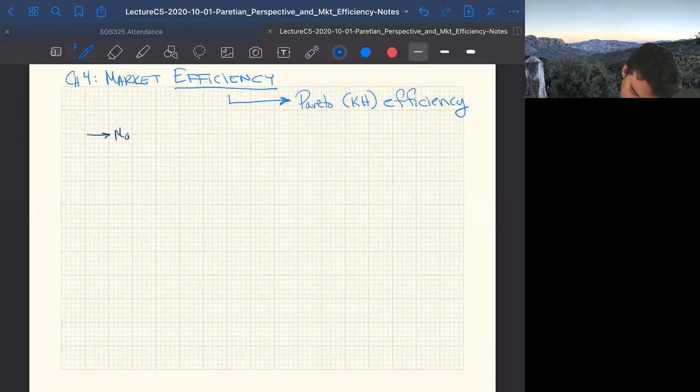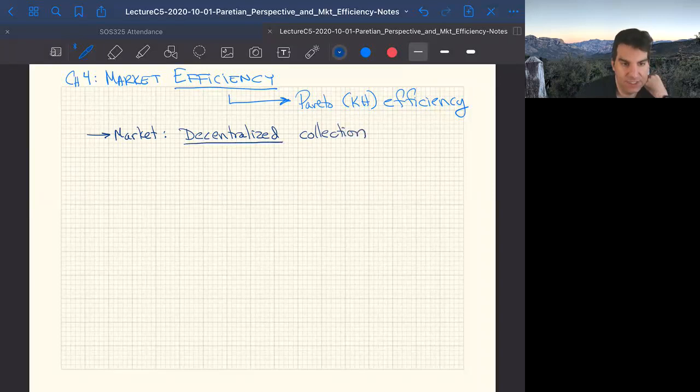So a market is a decentralized collection, and I'm going to emphasize decentralized collection, of buyers and sellers.